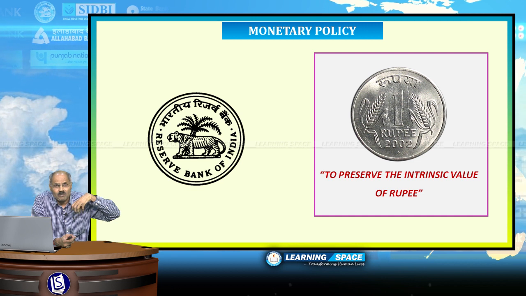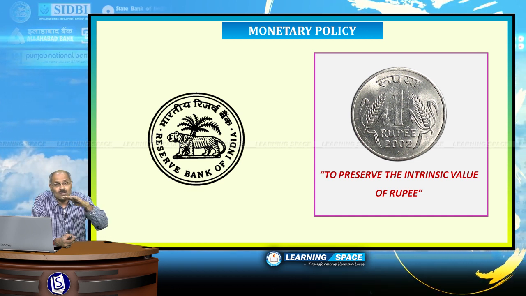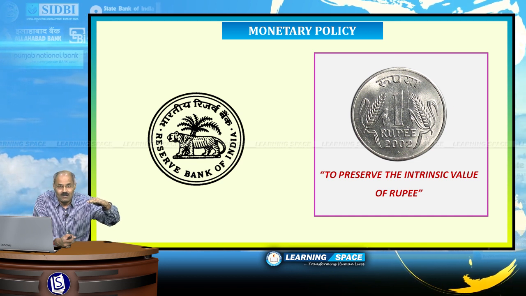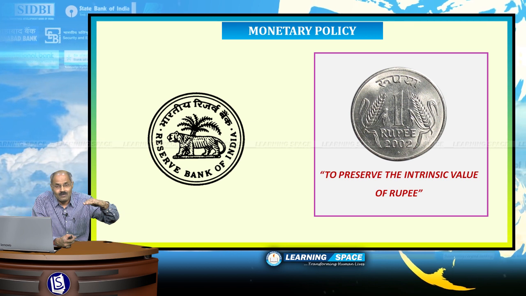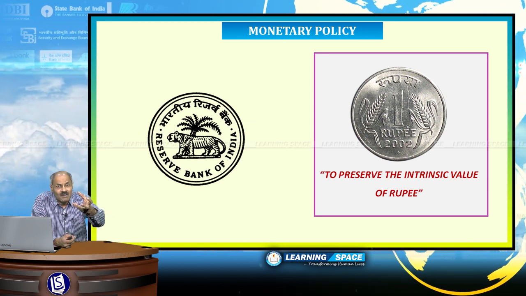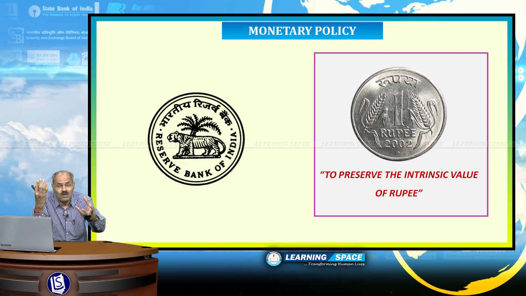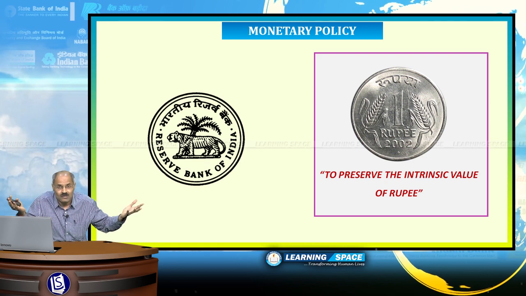If I have 100 rupees today, the value of 100 rupees note should not deteriorate fast. Slight inflation is expected, but if I am getting dinner for 100 rupees today, if I am required to spend 200 rupees tomorrow for getting the same dinner, then my rupee value is lost.